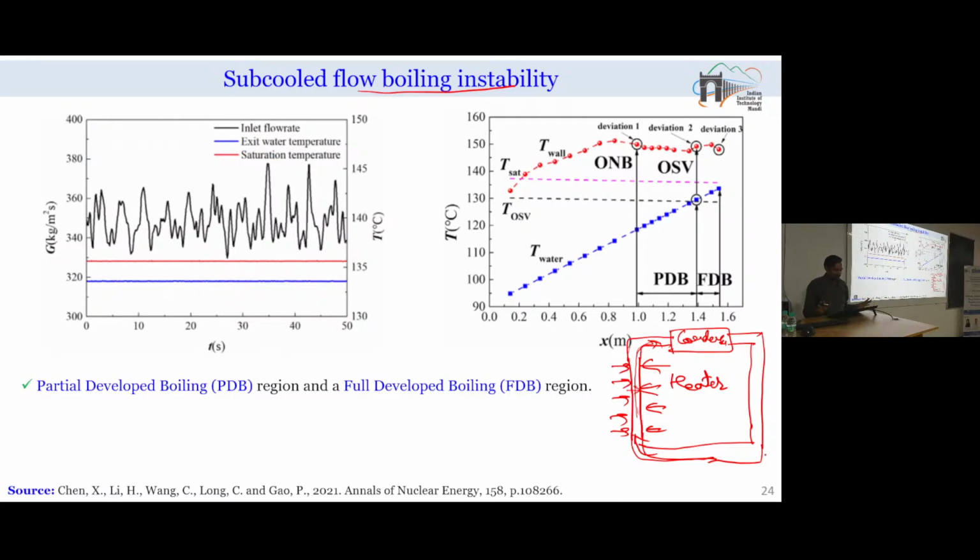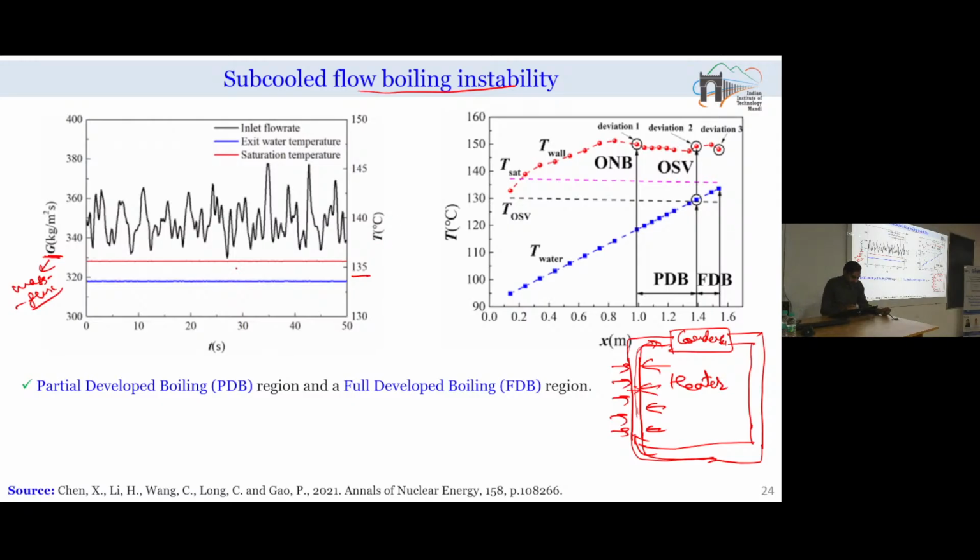So, typically the conditions which we are considering, here you can see along this side I have plotted mass flux. What is mass flux? Mass flow rate of the working fluid divided by the cross sectional area of the tube is called mass flux. And on the right hand side I am plotting temperature.